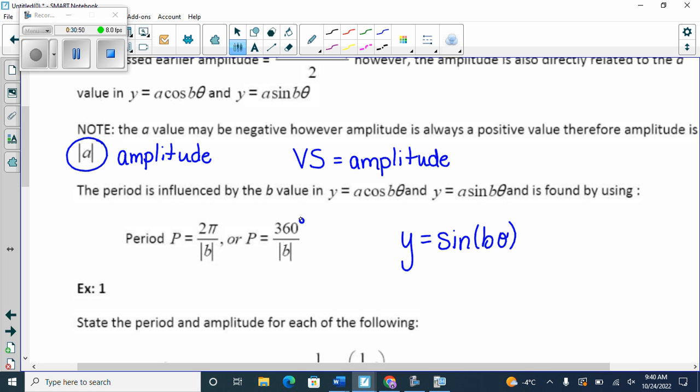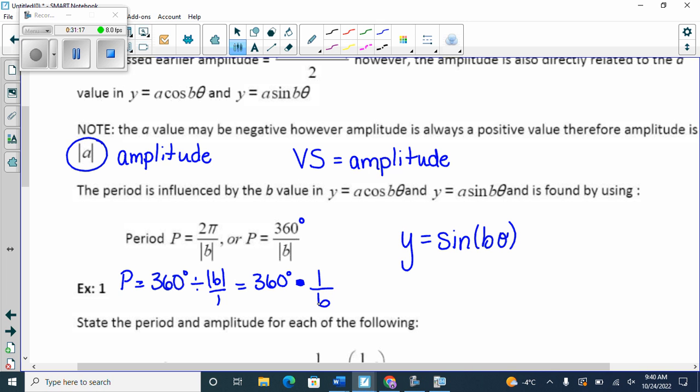I'm going to use 360 degrees for an example, divided by the absolute value of b. That would be b over 1, wouldn't it? Do you agree? When you divide by a fraction, what do you do? You flip it. So it would be 360 degrees multiplied by 1 over b.